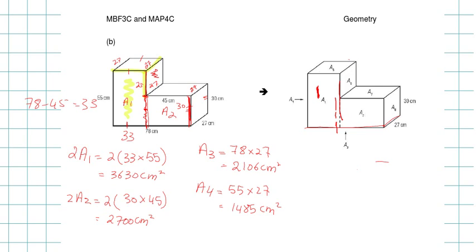But for the top side, you only have A5. You only have this, right? Because for the bottom, I've already counted for the whole thing. Okay? So I only have one A5, which is 27 by 33.